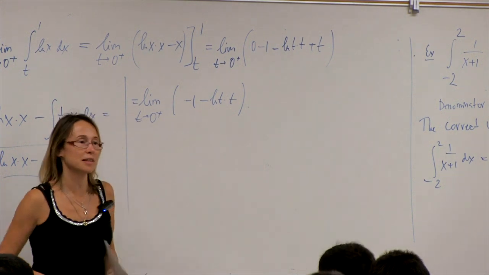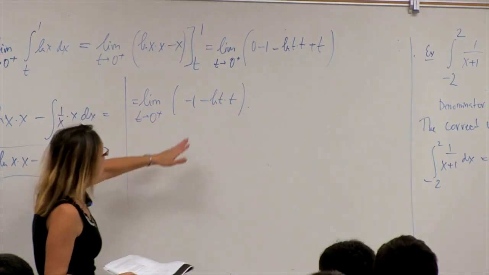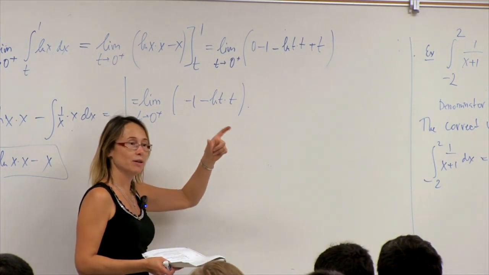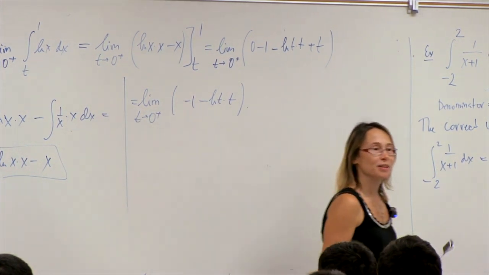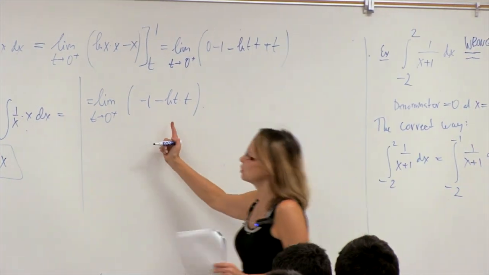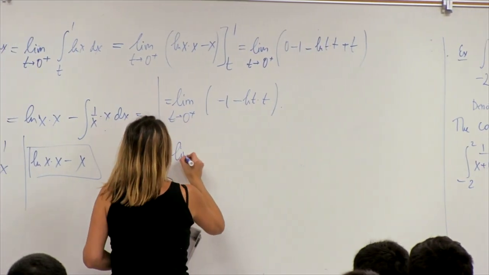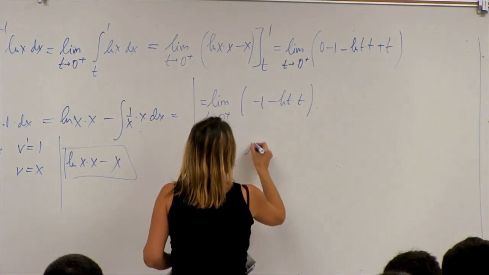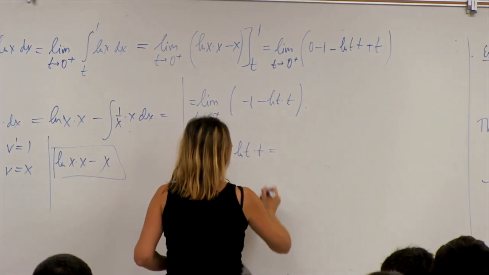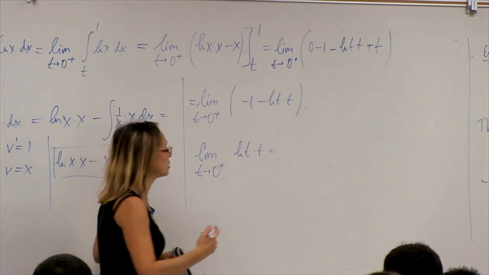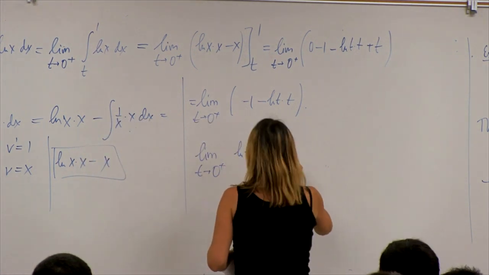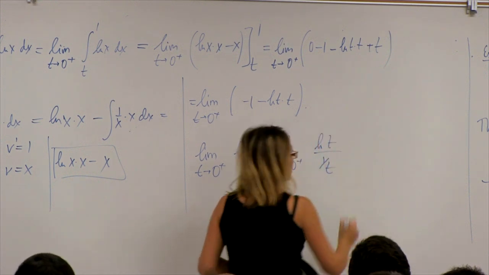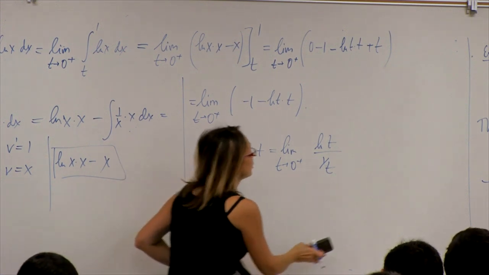So my Friday's lecture comes in useful here. What happens when t goes to 0? Log goes to minus infinity, and t goes to 0. We have a certain tension here. Who wins? This is your indeterminate product. So what is the limit as t goes to 0 of log t times t? We have to turn this into an indeterminate fraction: limit of log t divided by 1 over t. And then we take the derivative by using L'Hopital's rule.